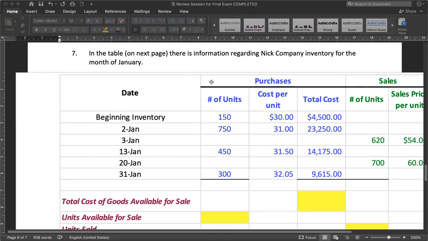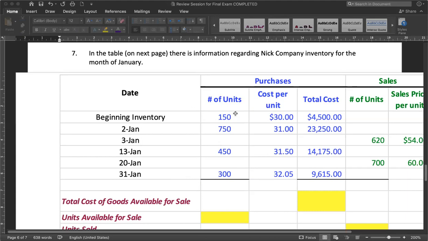All right, so I've done the calculations for you for the purchases and the beginning inventory, but the calculations are just going to be the number of units times the cost per unit. And that would be for every single purchase that they had. So they had 150, they bought 750 more, then they bought 450, and then they bought 300. But these were all at different prices.